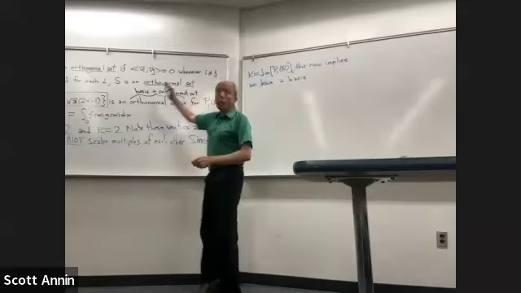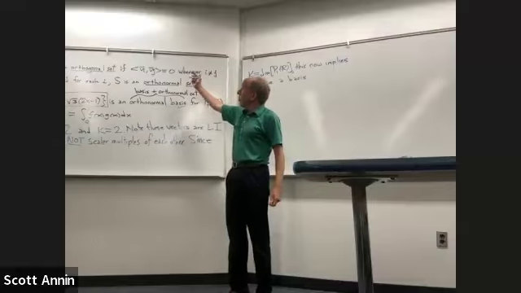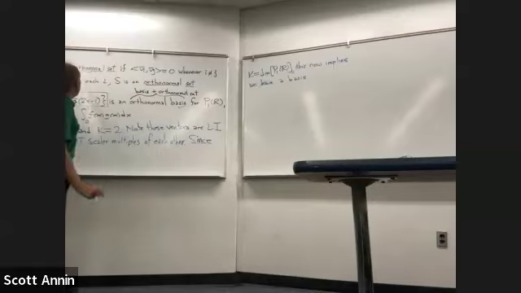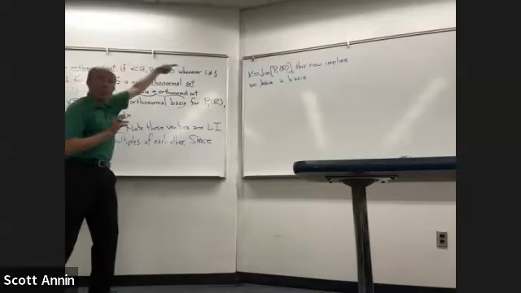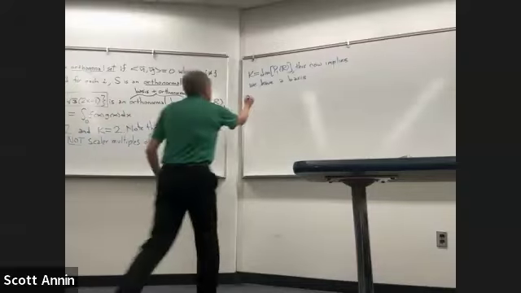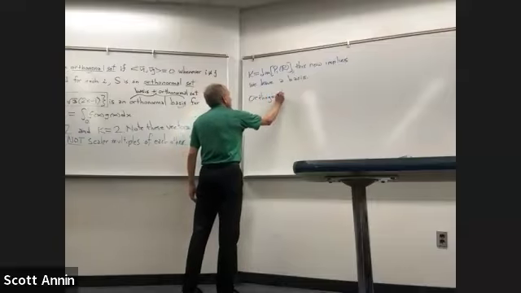Well, to be orthonormal, I've got it up here for you in the recap. To be orthonormal, all of the vectors have to be unit vectors. And before we even get to that, those vectors have to be orthogonal, right? So I'm going to check the orthogonal first because that's really a prerequisite.